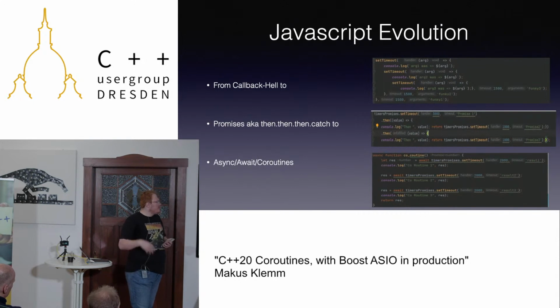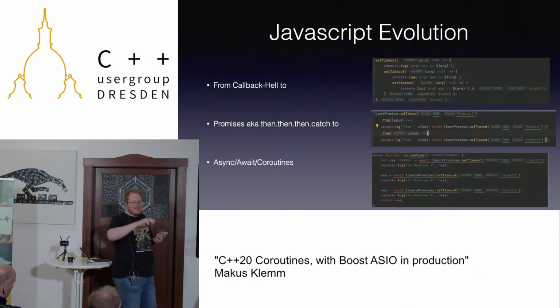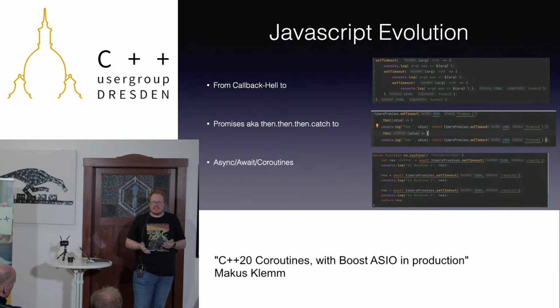And then it evolved even further to coroutines. And now you can just write your callback code, again asynchronous code, and via compiler support, it looks like usual synchronous code, but in coroutines, the compiler can suspend the execution of a function.